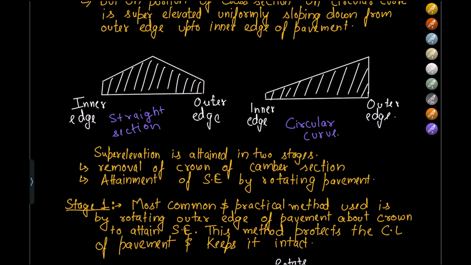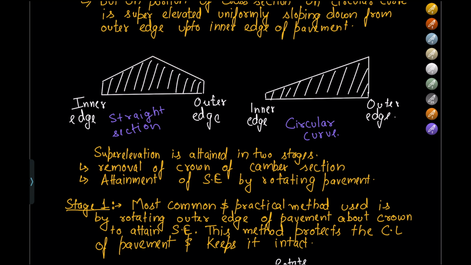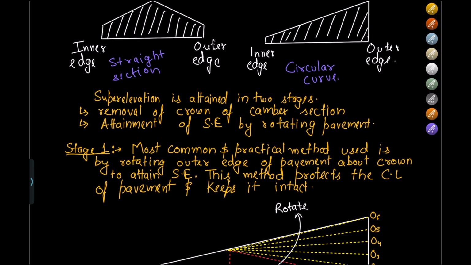What this is depicting is, the crown is gradually removed. As the cross section increases, the slope of the outer edge of the cross section is raised. That is what it is depicting.